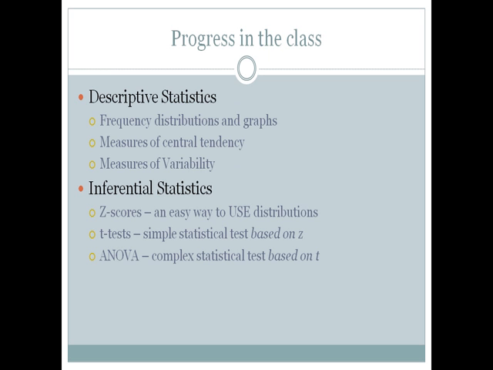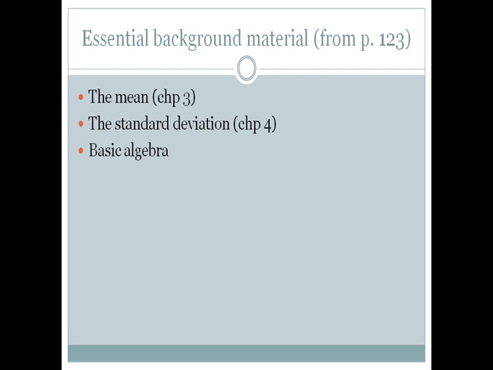So we're right at the edge. The z-score technique we're going to be learning in this lecture is a descriptive technique, but we're going to use it to kind of transition into inferential statistics. So just keep track of where we are. Z-scores are an easy way to look at distributions.